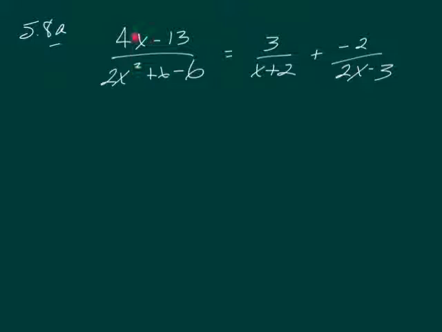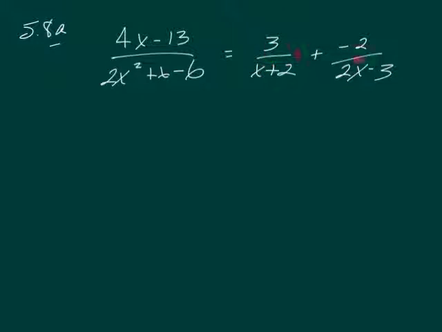Okay? So what we're doing here is I'm giving you basically, for lack of a better word, the answer when you add your fractions, and I want you to go backwards to decompose the answer into what you originally had. Okay? So each of these fractions here is called a partial fraction.